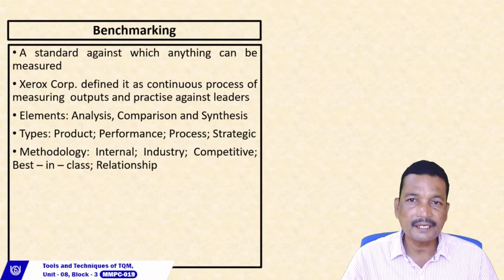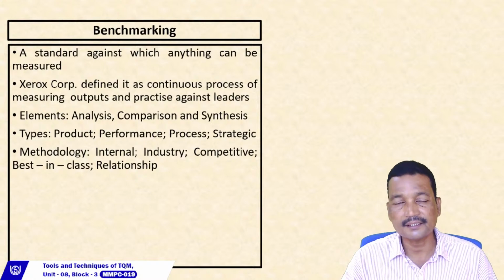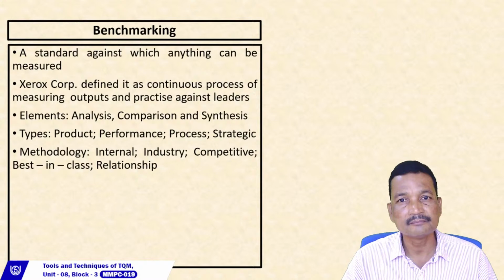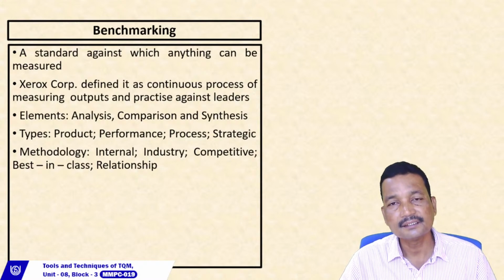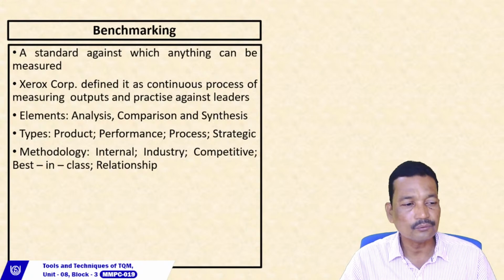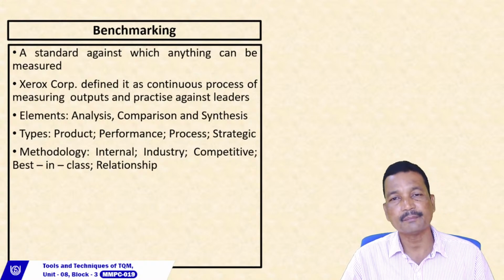So whatever the big brands of tire manufacturers are manufacturing, they try to manufacture tires which will function or carry out their operation to at least that particular target level, that is the benchmark. So here we can know whether we are successful or we are failing. So we say benchmarking is a standard against which anything can be measured.